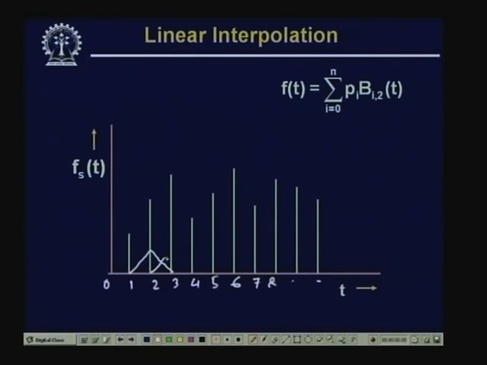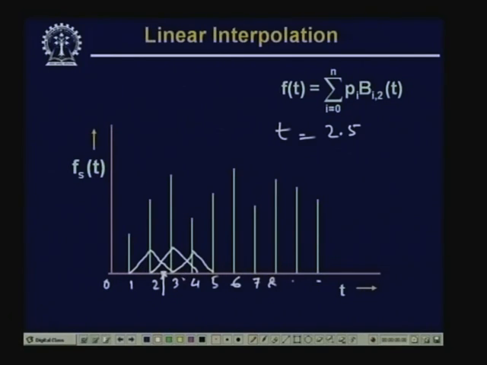Similarly, b_2,2 is something like this, and b_3,2 is something like this. So, if I want to find out the value of this function at, say, t equal to 2.5, then you find that the sample values which take part in this interpolation are f_2 and f_3, and using these two sample values by linear interpolation, I have to find out the interpolated value at t equal to 2.5.